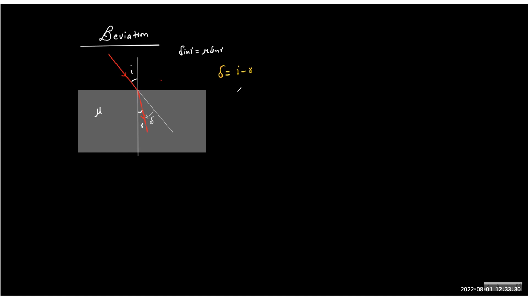So deviation is a concept that you have to use in many cases, in case of refraction, whether it is a curved surface or a flat surface. So deviation is simply I minus R or R minus I. You can take a modulus, because if it is a rarer medium, then R will be more than I, correct? So it could be anywhere.